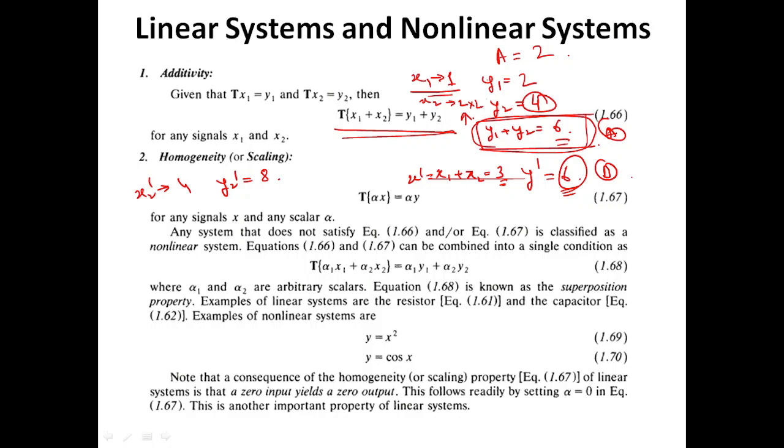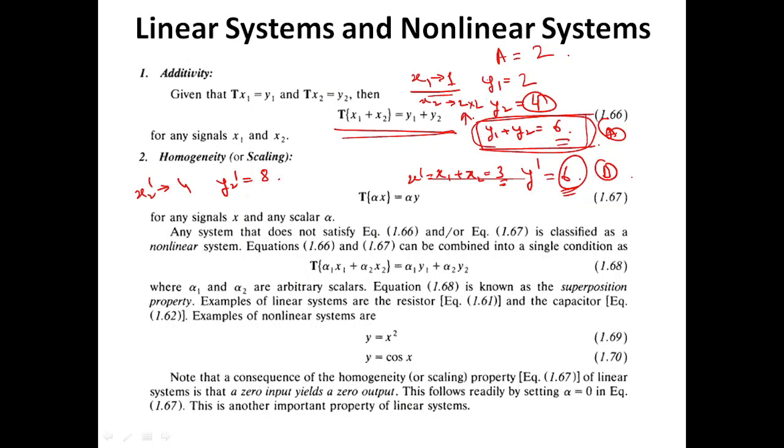So when you are multiplying the input with a scalar quantity, whatever will be the output, and if you take the original input and get the output and again multiply the output with the scalar quantity whatever we have taken, if both these things are equal, then we can say that it is a homogeneous system.